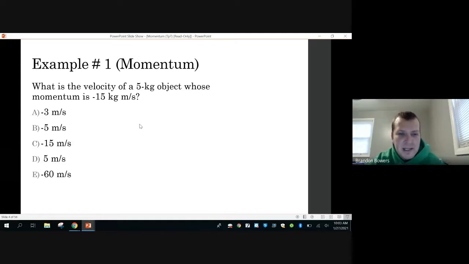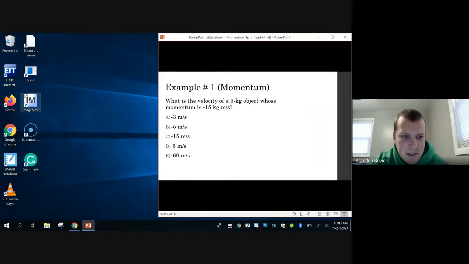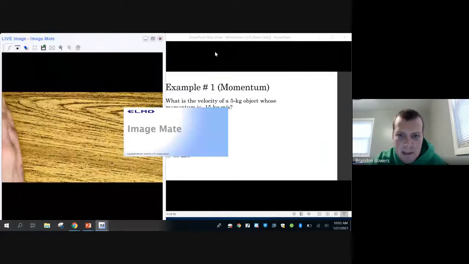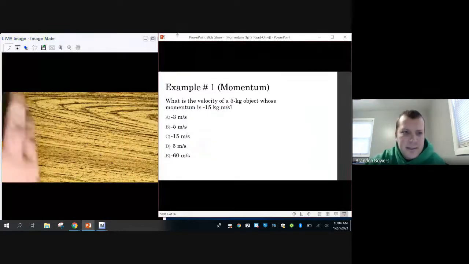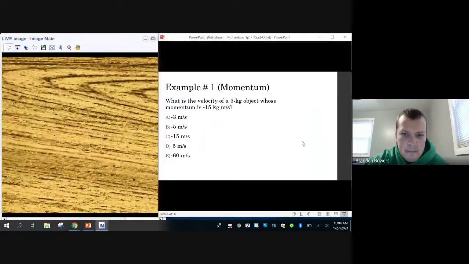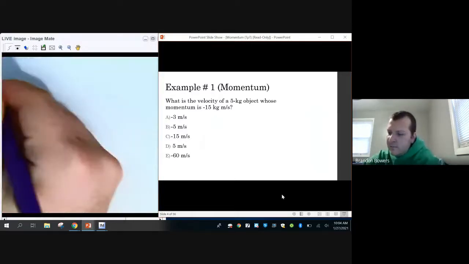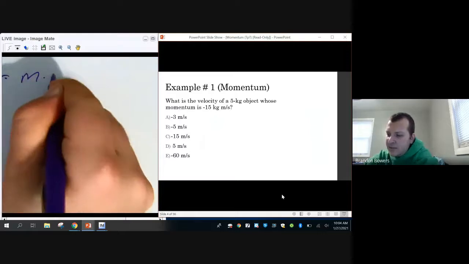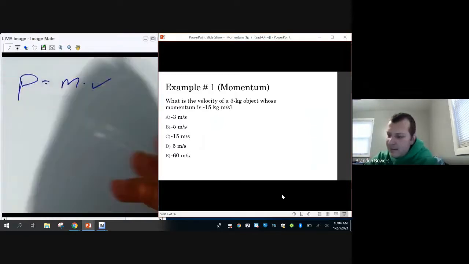If you look at this problem, once again, if you need to pause, please do so. It says, what is the velocity of a 5 kilogram object? If I know momentum is equal to mass times velocity, I know my mass is 5.